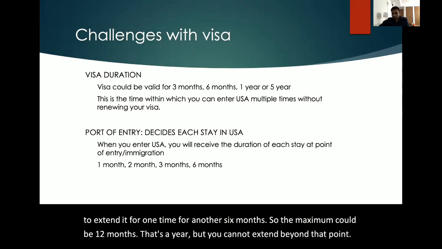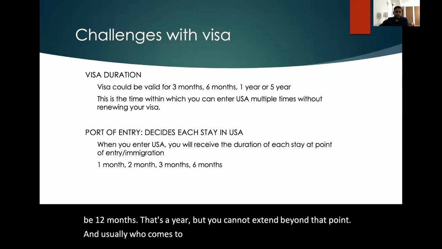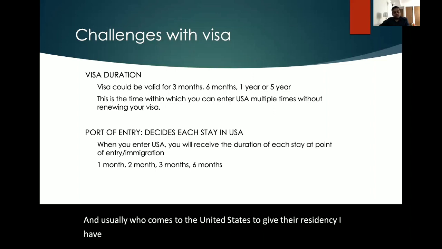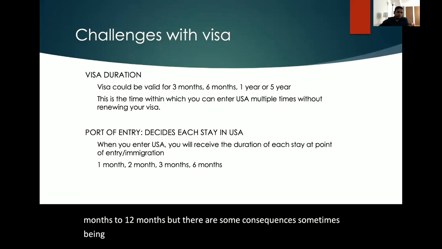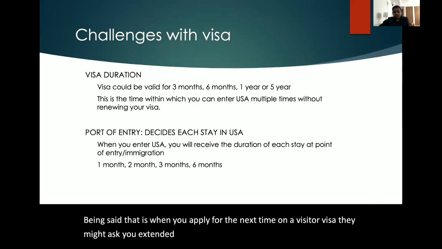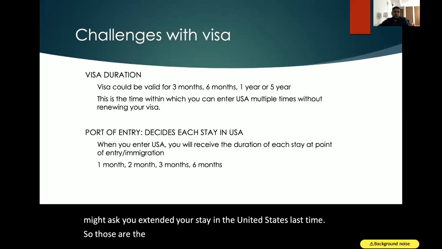Usually, I have seen most of the people who come to the United States for residency extend their visas from 6 months to 12 months, but there are sometimes consequences. When you apply the next time for a visitor visa, they might ask why you extended your stay in the United States last time. So those are the challenging things, and you will have to be prepared for them beforehand.